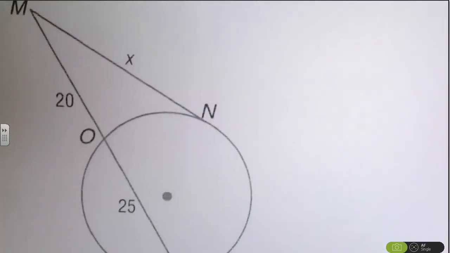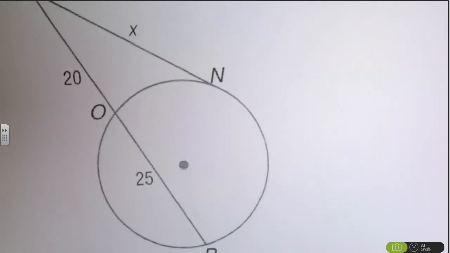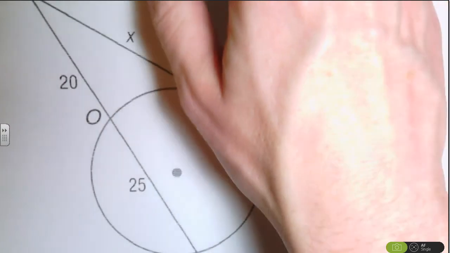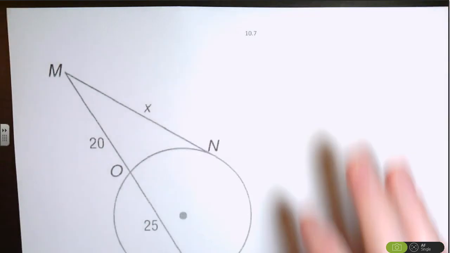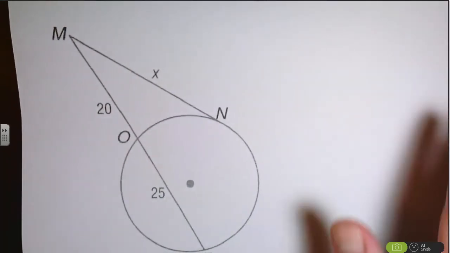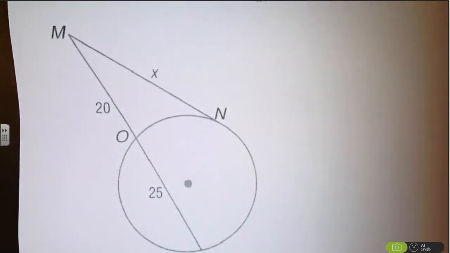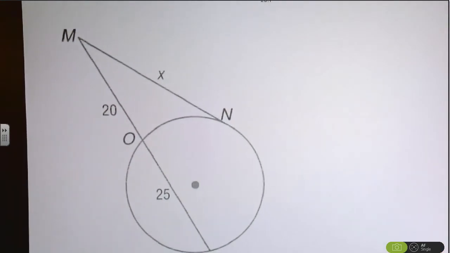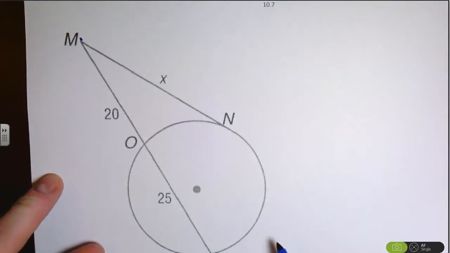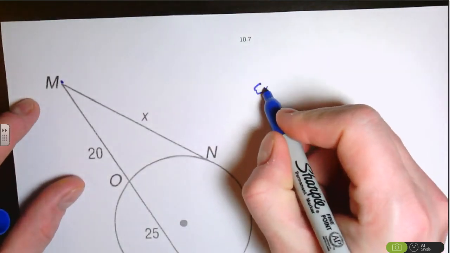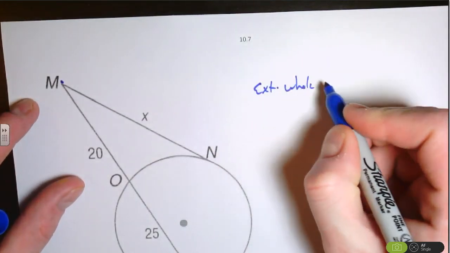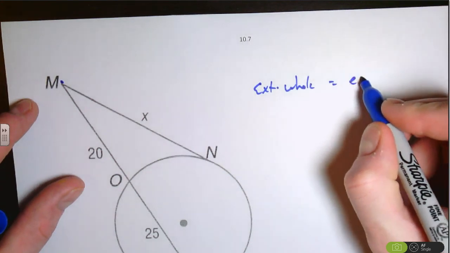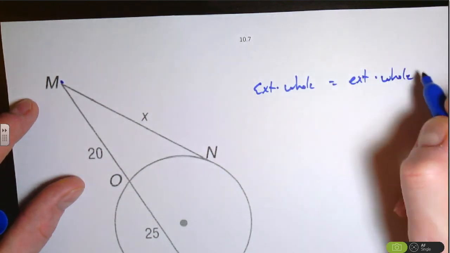Look at the problem again. This barely fits, so let me zoom out a little bit. I'm still looking, and this point intersects outside the circle, so I'm going to have exterior times whole equals exterior times whole.